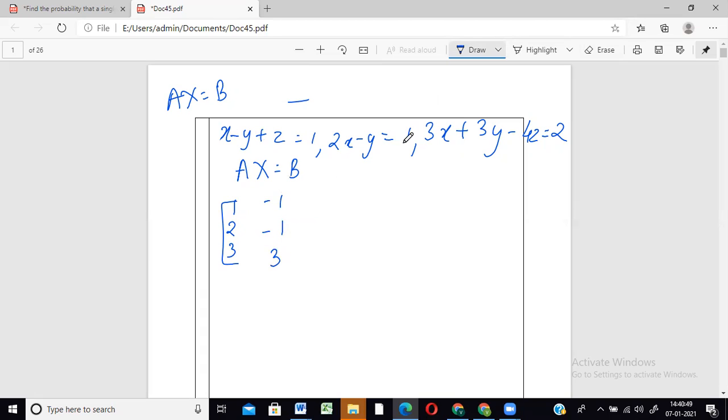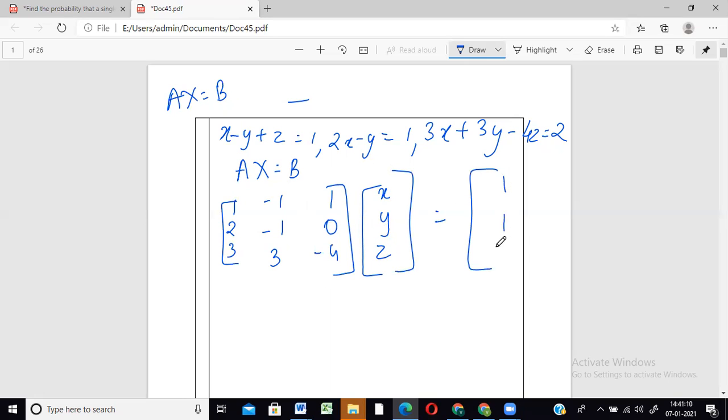Z will be 1. And for this equation, there is no coefficient of z. You have coefficient of x, you have coefficient of y, but there is no coefficient of z, so that will be 0. And this is minus 4. So this is your matrix A. X is nothing but all the unknowns, as I said, x, y, and z, which is equal to 1, 1, and 2. Alright, so that's your B.